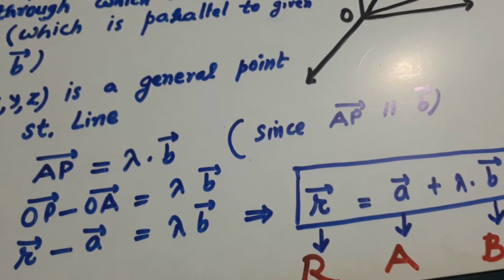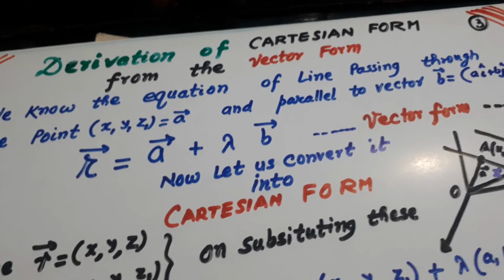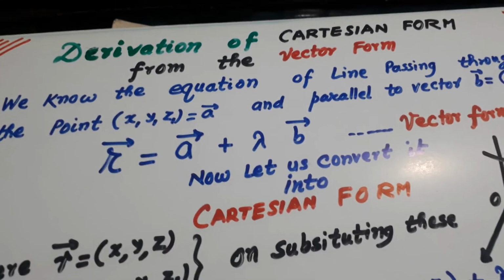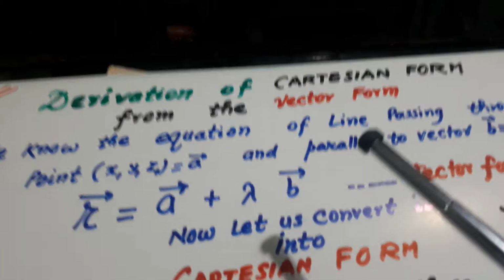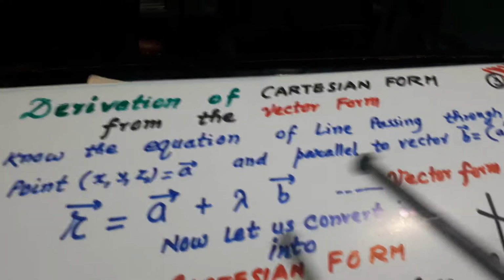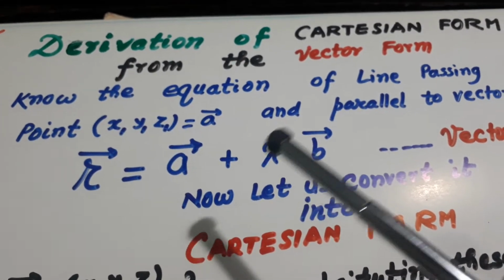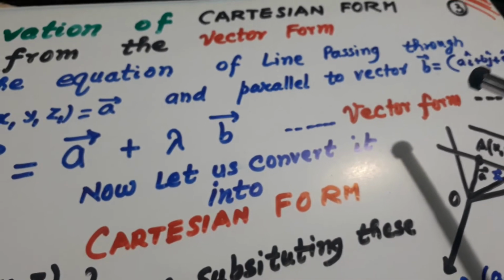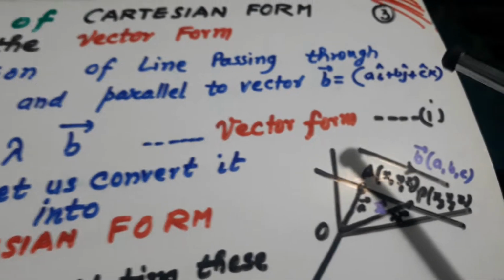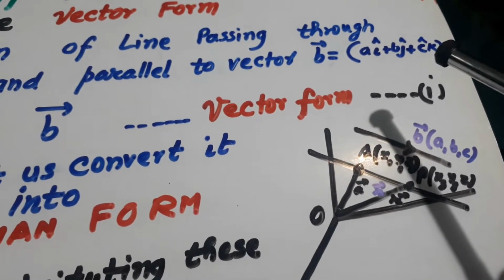Now, let us go further. We can convert this line from the vector form to the Cartesian shape. Look here, we know the equation of line passing through one point, that is x1, y1, z1, and parallel to the vector B. The vector B is AI plus BJ plus CK.